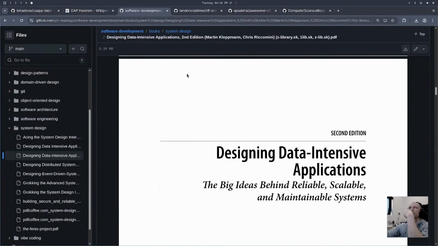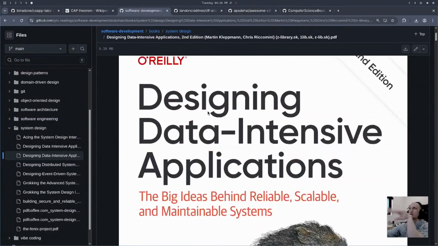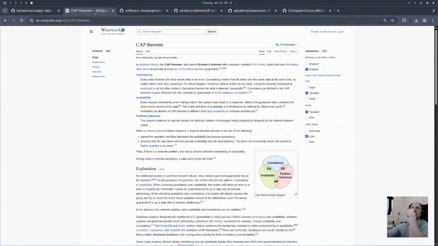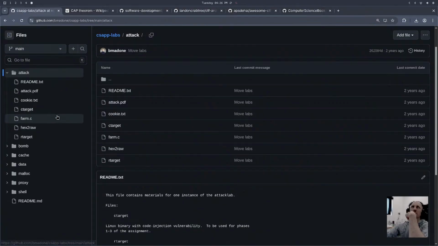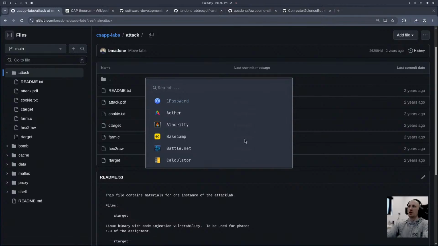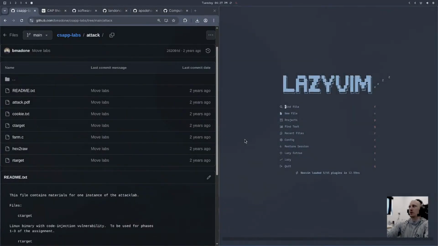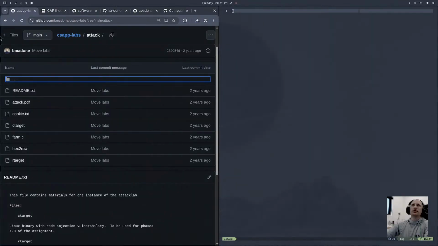This one I think is a good one for systems design, specifically. CAP theorem is a good thing to be familiar with. And then this attack lab. So I'll send you all these links here. Let me just copy them over here.